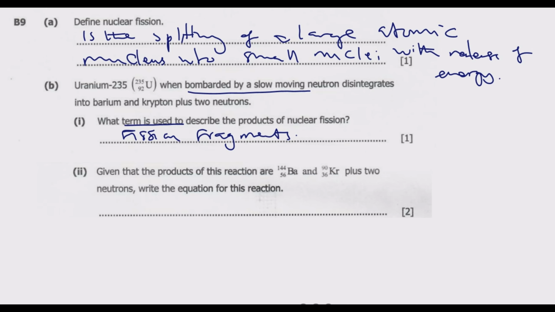So the equation would start with uranium, which is 235, then 92, then we bombard it with 1 neutron.